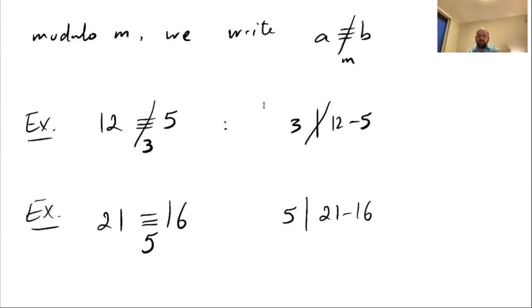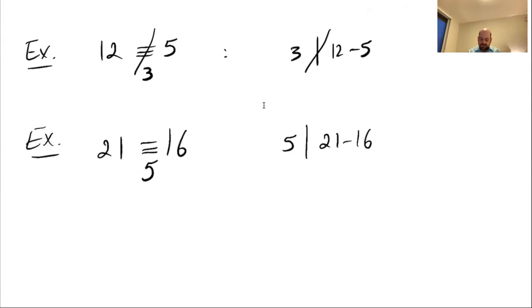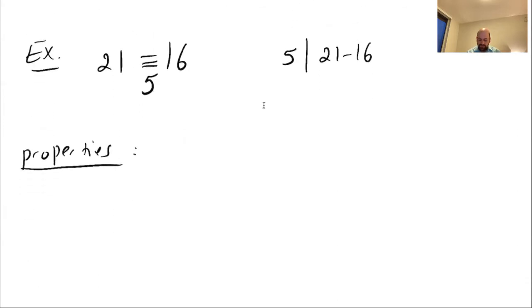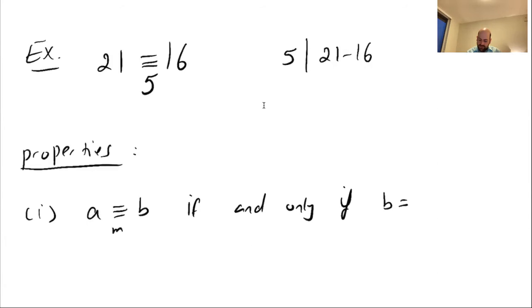Okay, now let's look at some properties of congruence. So the first property: a is congruent b modulo m if and only if b is equal to a plus km for some integer k.